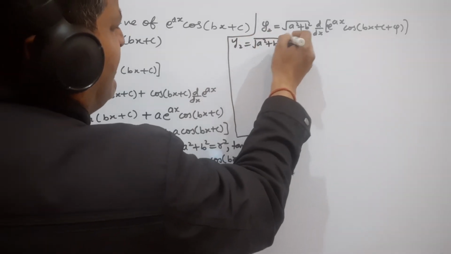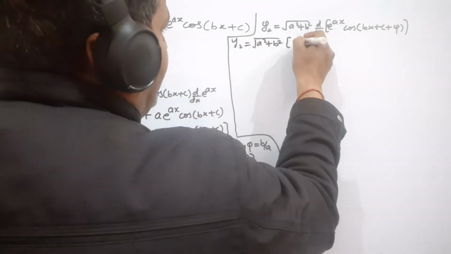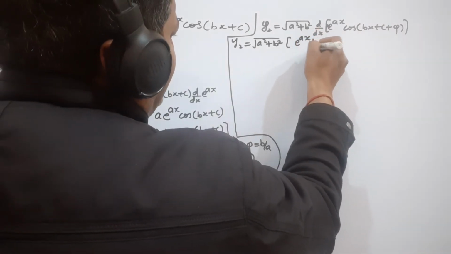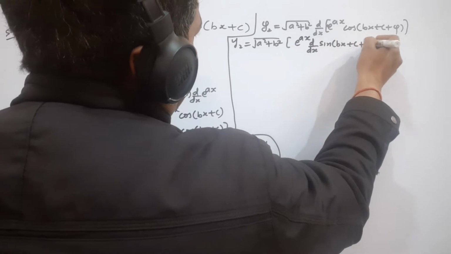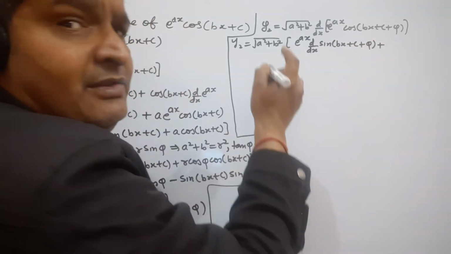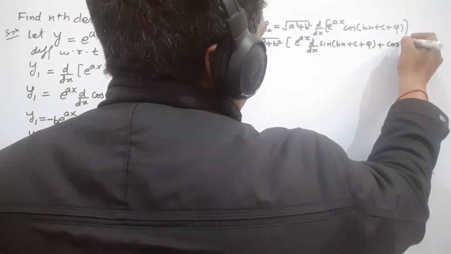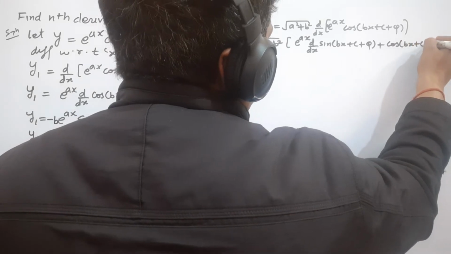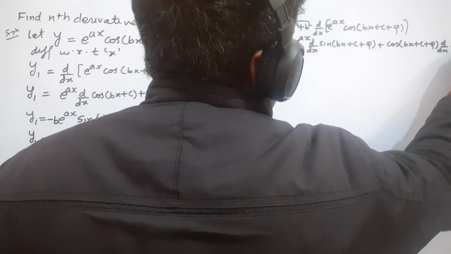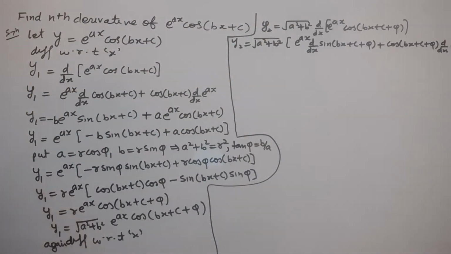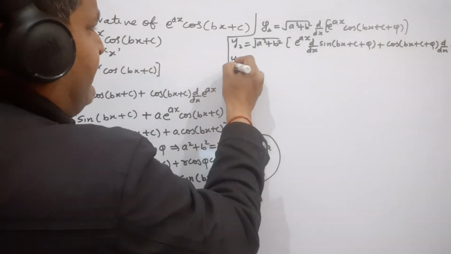Here we write y2 is equal to under root a square plus b square. First we write the first function, d by dx of second function, that is sin(bx + c + phi), plus second function, that means cos(bx + c + phi), and d by dx of first function, that is e to the power ax. Now we differentiate.